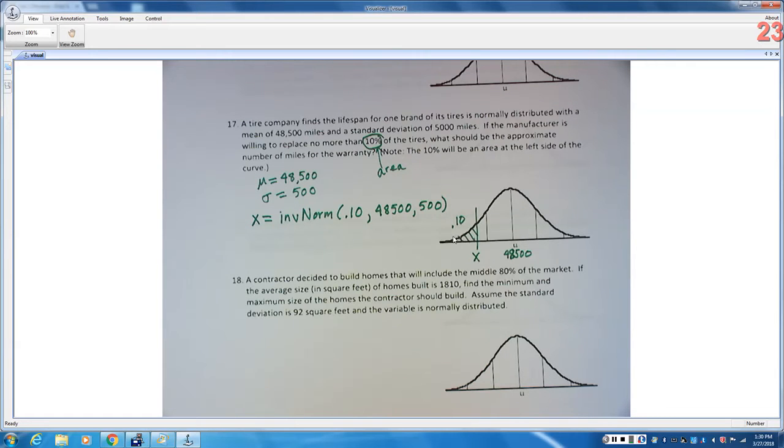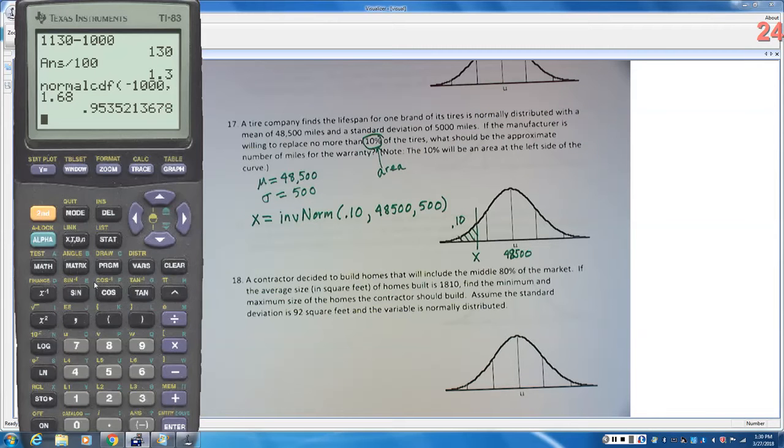But here's how you find that. That's one step. Second distribution, inverse norm, 0.10, comma, 48,500, comma, 500.